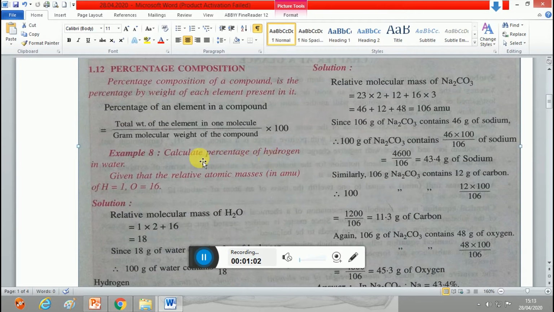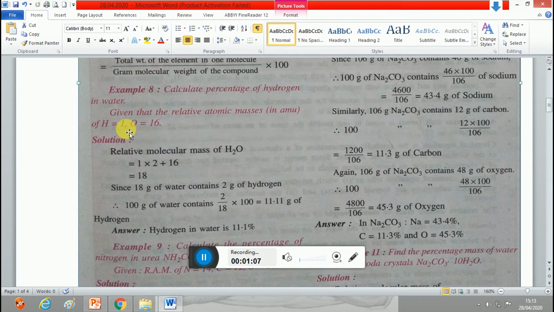Here is an example: calculate the percentage of hydrogen in water, where the relative atomic masses of hydrogen and oxygen are given. We know the molecular formula of water is H2O.